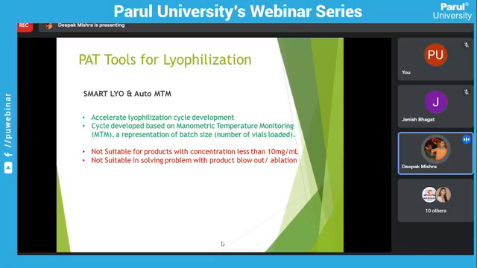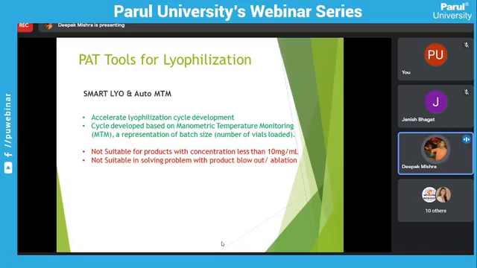Next is the drawback. The drawback is very minimal. It is not suitable for products with concentration less than 10 mg per mL, but sometimes it will work on those products also. It is not suitable for solving problems with product blowout or ablation, which means sometimes in the lyophilizer the drug product vials break, and sometimes the material flies out of the vials.